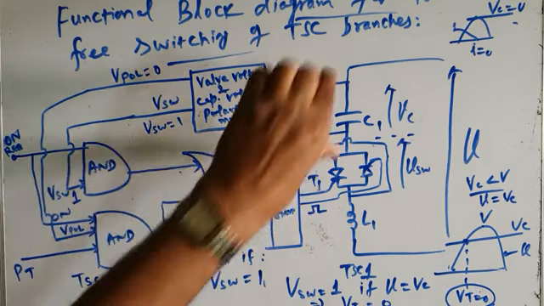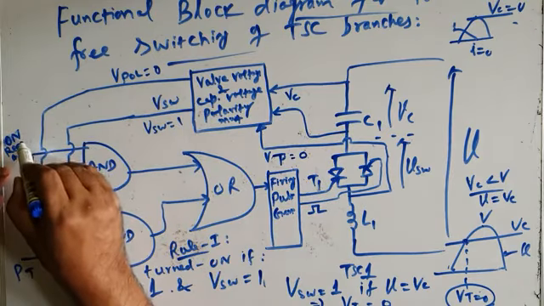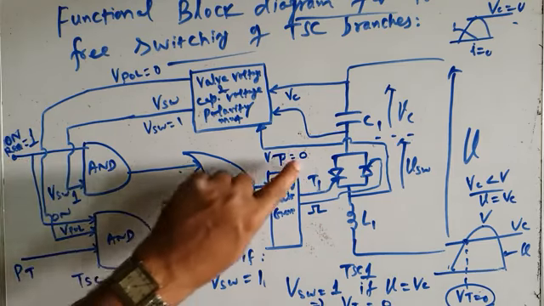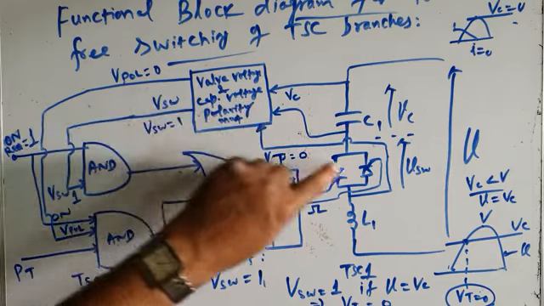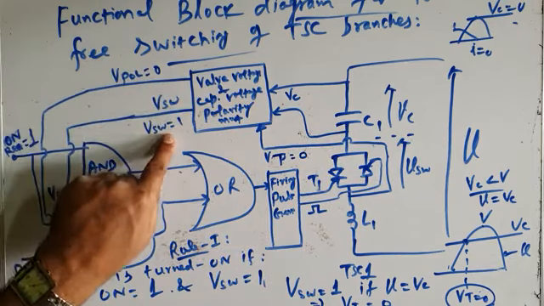Let us suppose it has to turn on this TSC branch, so on request will be high. It's already high. So both the inputs are now becoming high. On request was already high, and as soon as VT has become equal to 0, as read by the voltage sensor, this block makes VSW equal to 1.